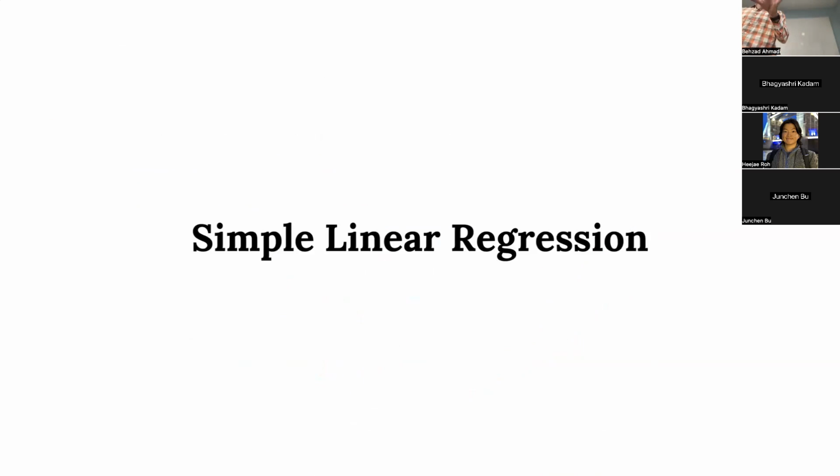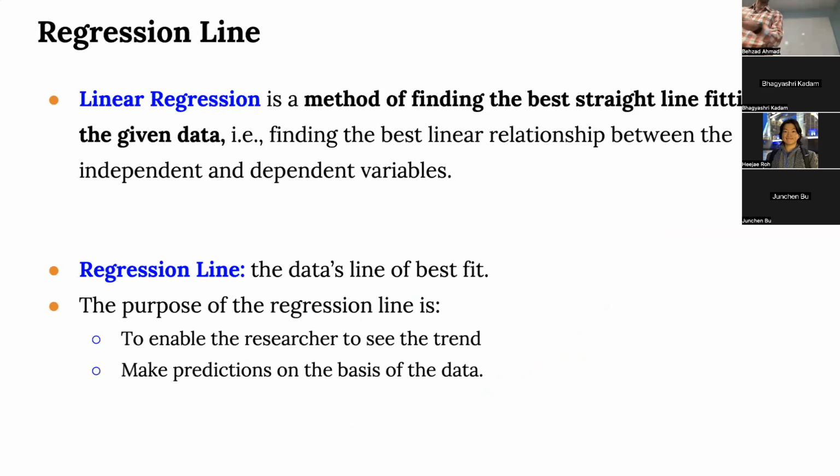Okay, let's start with the simple linear regression problem that we have gone through. Simple linear regression means there is no nonlinearity, it's a simple line. It's trying to find the best straight line to fit the data. And we talked about it. x is independent, y is dependent.